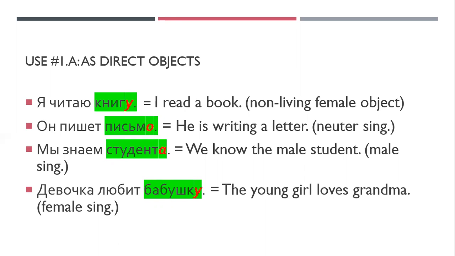Девочка любит бабушку. The young girl loves grandma. So now we have babushka, or the grandmother, is the object of the girl's love. So whom does the girl love? She loves the grandma.